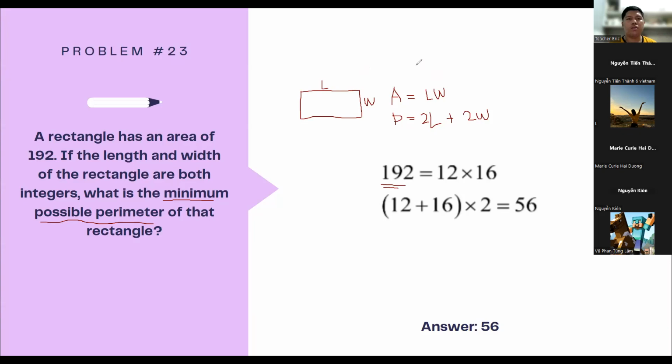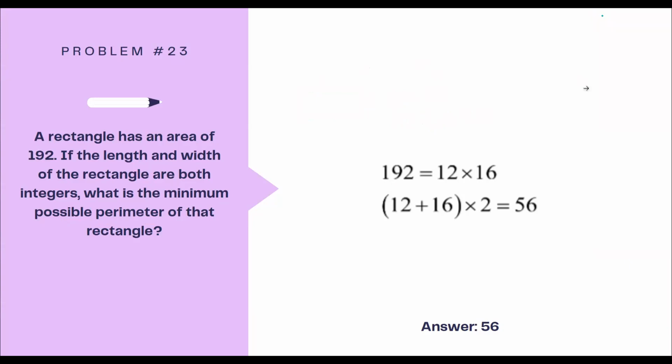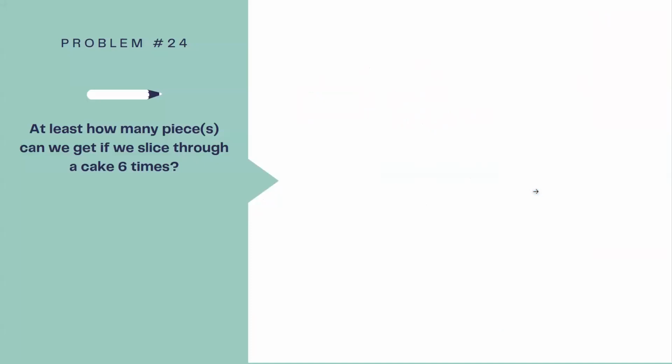So now we proceed to problem number 24. At least how many pieces can we get if we slice through a cake 6 times? What do you think is the answer?